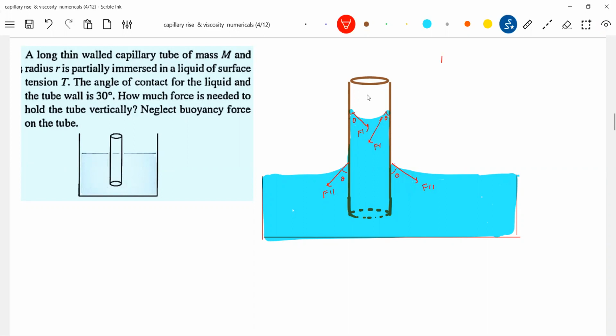And what is F dash? Force exerted by meniscus on tube. F double dash, force exerted by liquid in the vessel.